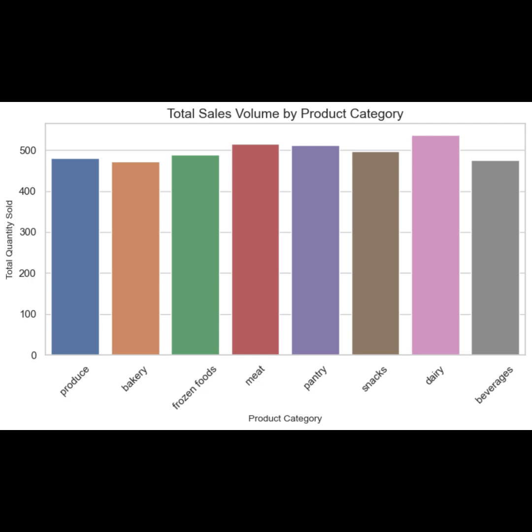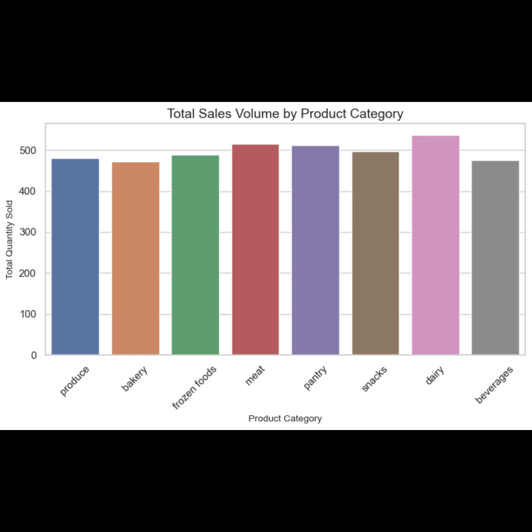Next, you can see that the snacks and the frozen food categories also have a significant sales volume, slightly lower than the meat and pantry categories, showing a steady demand for these food items. The produce category, as seen in the chart, also has sales volume similar to snacks and frozen food, and it still represents a notable portion of the total sales.